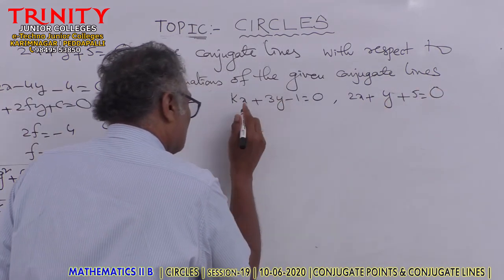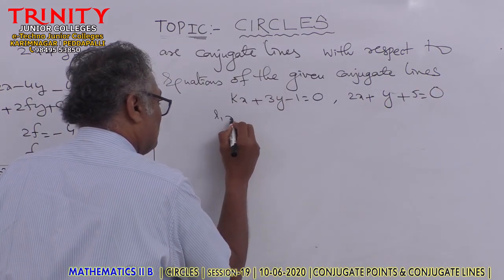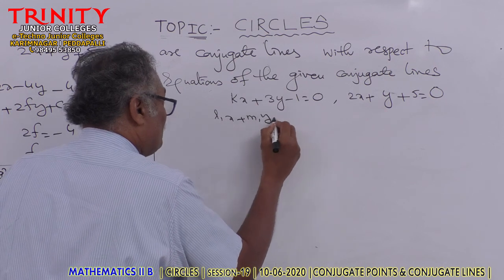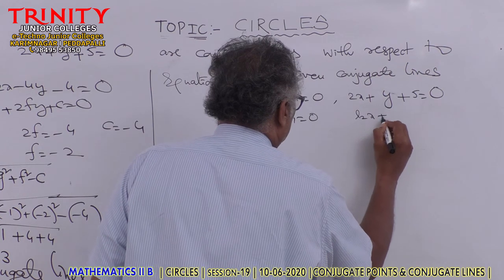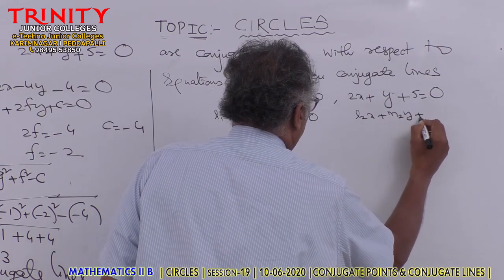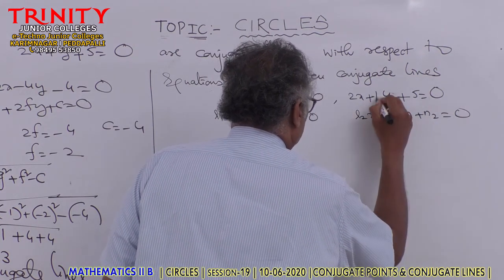Here take like this, L1x plus M1y plus N1 is equal to 0 and L2x plus M2y plus N2 equals to 0.